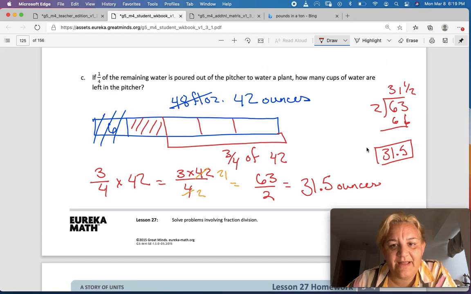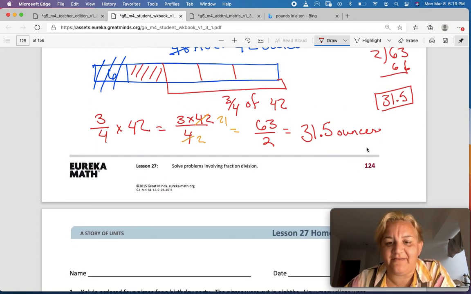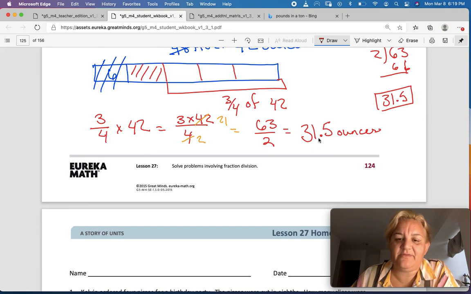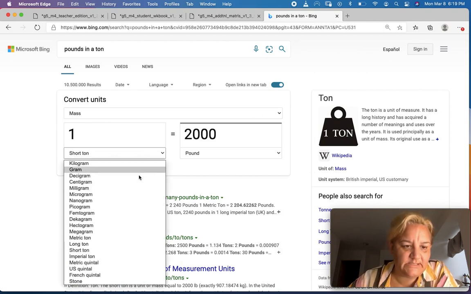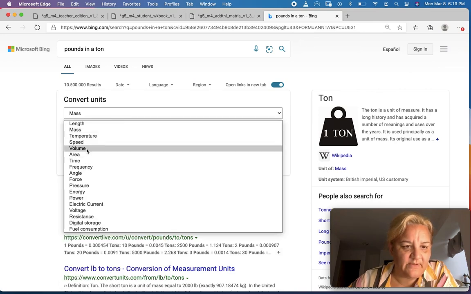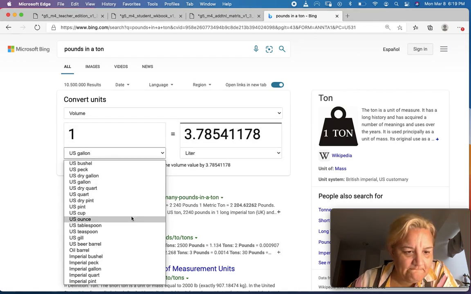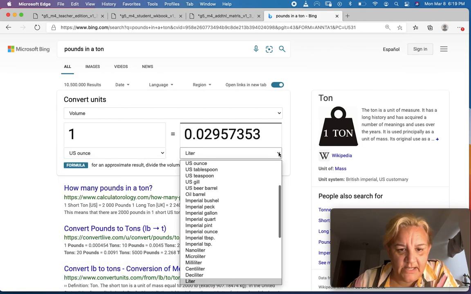And now they want to ask how many cups of water are left. They want to change 31.5 ounces to cups. So 31.5 times how many ounces in a cup? Let's figure this out. Ounces. Oh, I don't want mass. I want volume. In a cup.